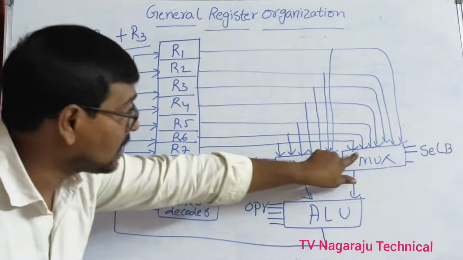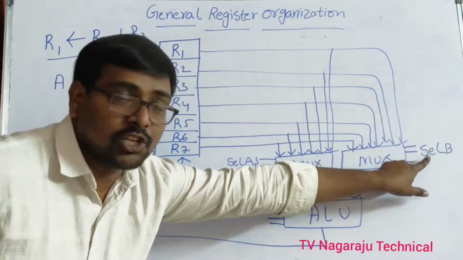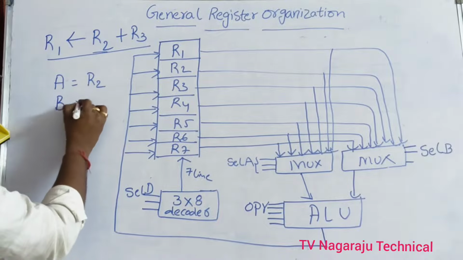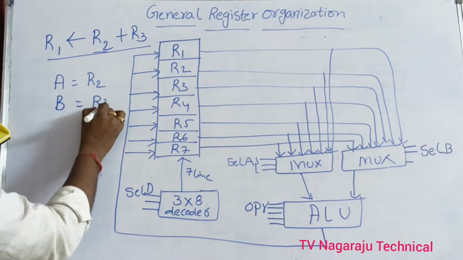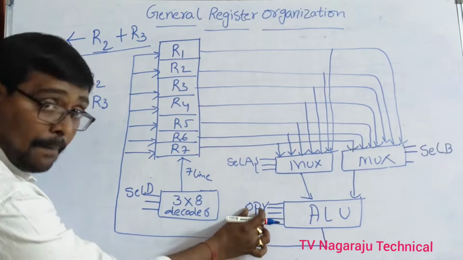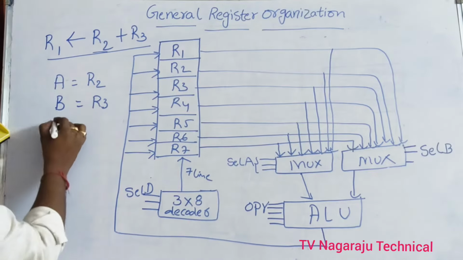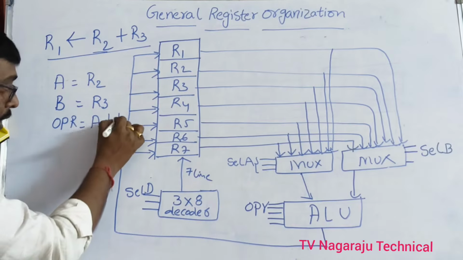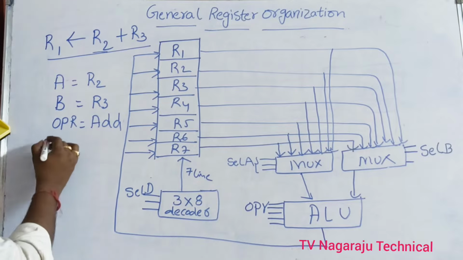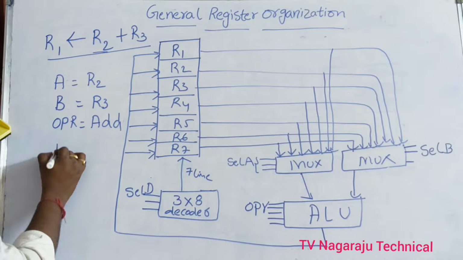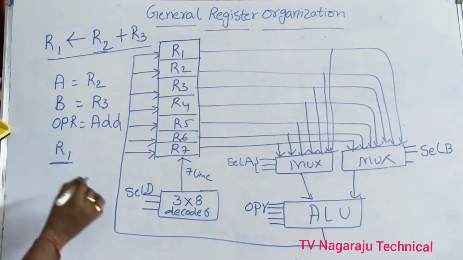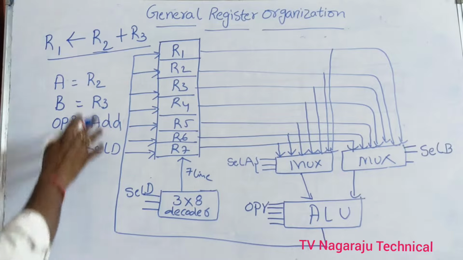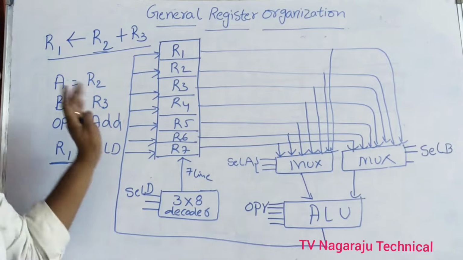Now selection B selects the register R3, so B consists of register R3. Now this operation field selects plus, so the operation is equal to add. Now the decoder, what is the output? The output is R1. This is by selection D, that is, the result is copied. You got it? Now clear.